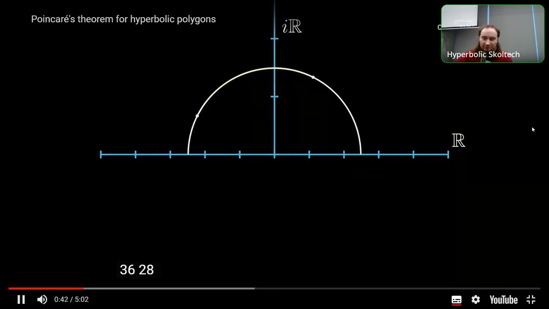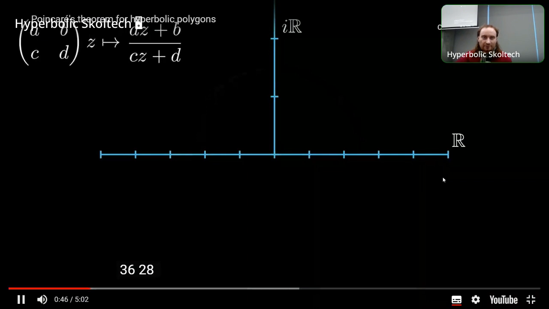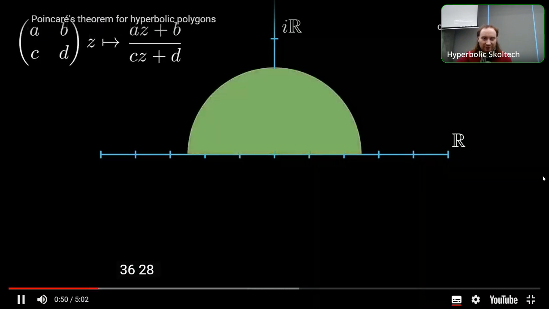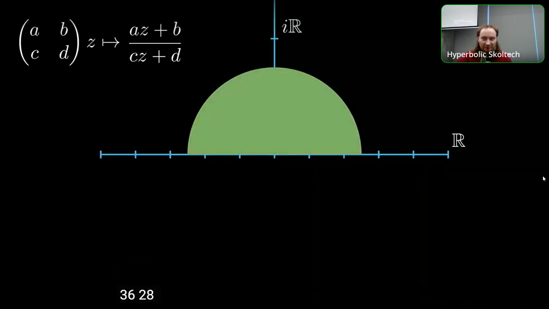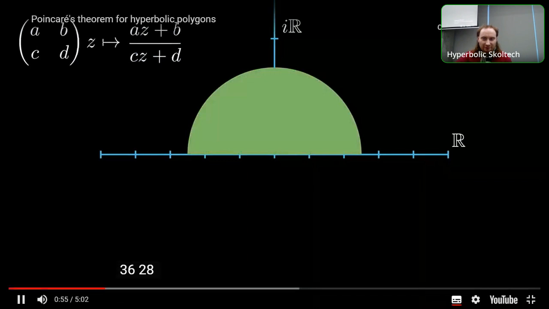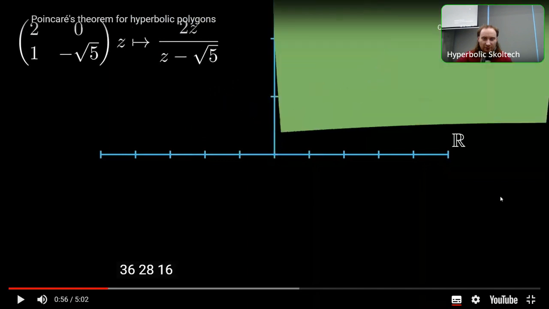The space comes with the group PSL2(R), which acts by conformal orientation-preserving transformations. This action is transitive. So this is about this transformation group.